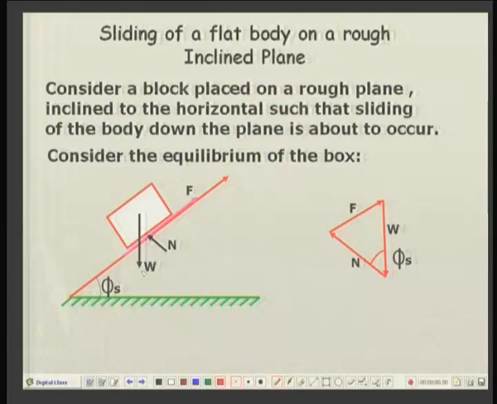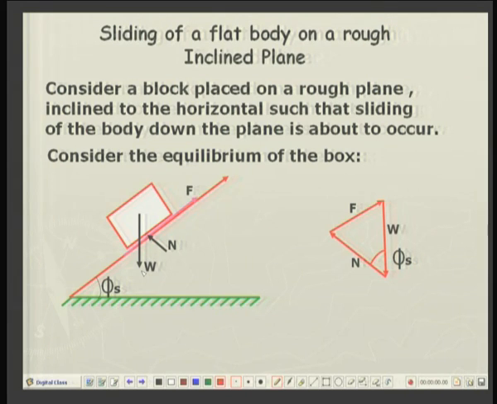Now, how to visualize this coefficient of static friction or the state of impending slip? A very simple experiment is helpful in understanding this.